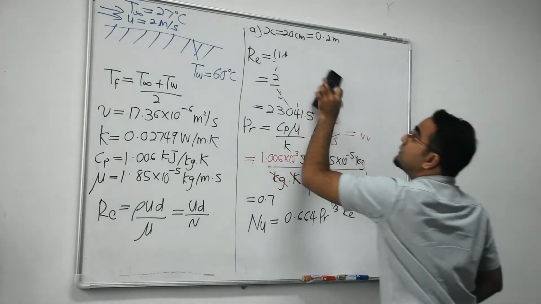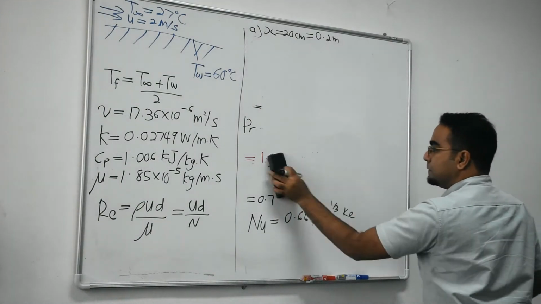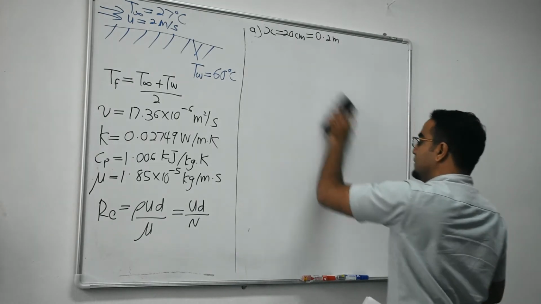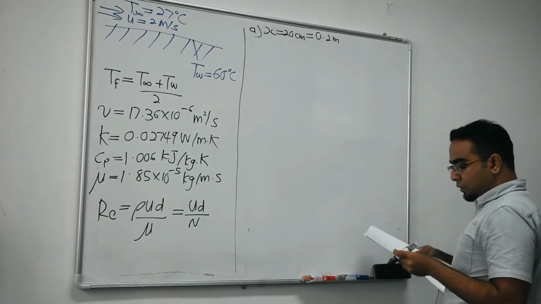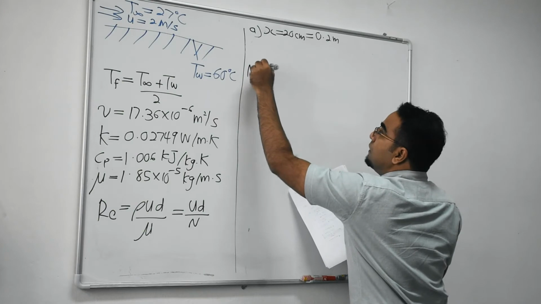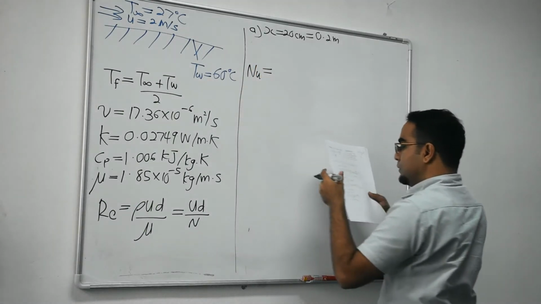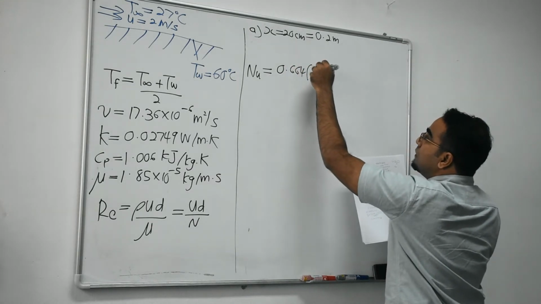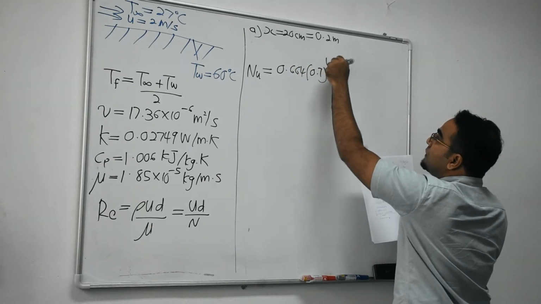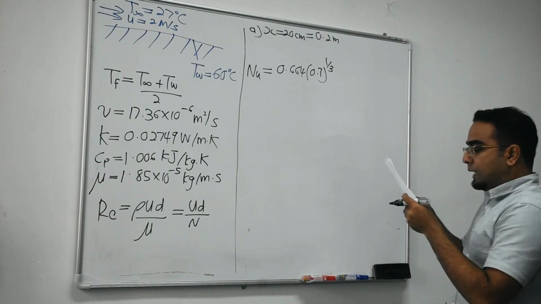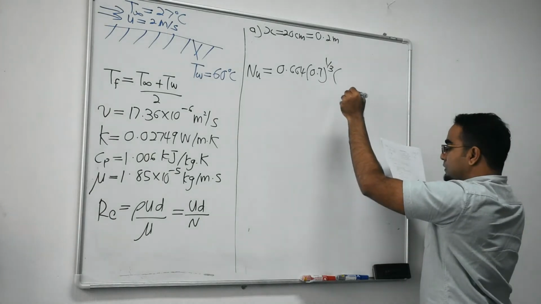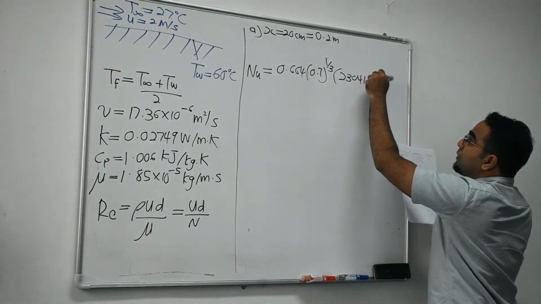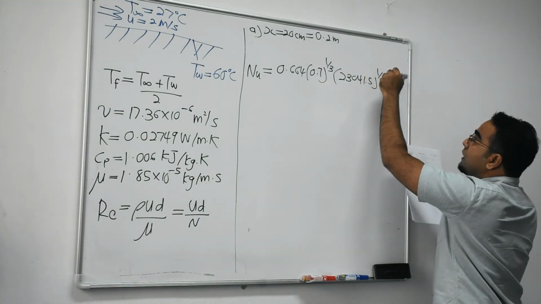So let us see. Substitute all the values, you get the value of Nu equal to 0.664 times 0.7 to the power of one third times the value of Reynolds number, which was 23041.5, to the power of half.